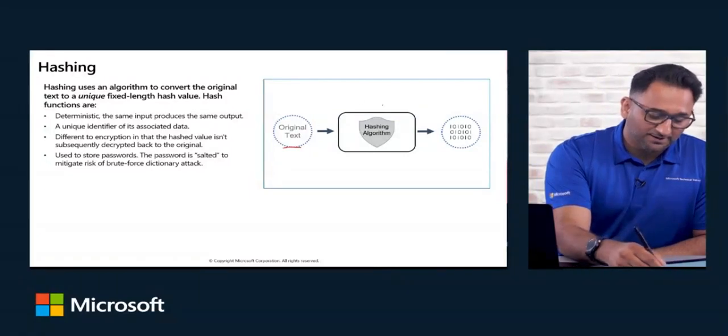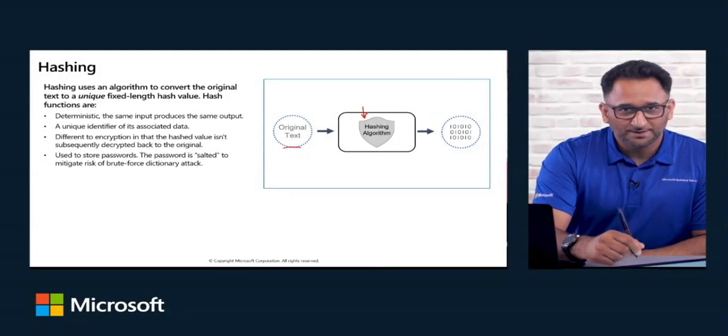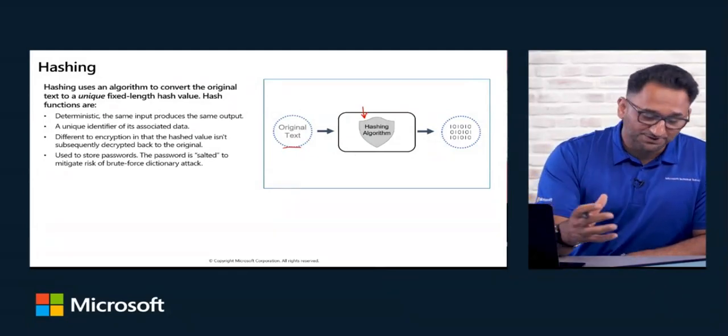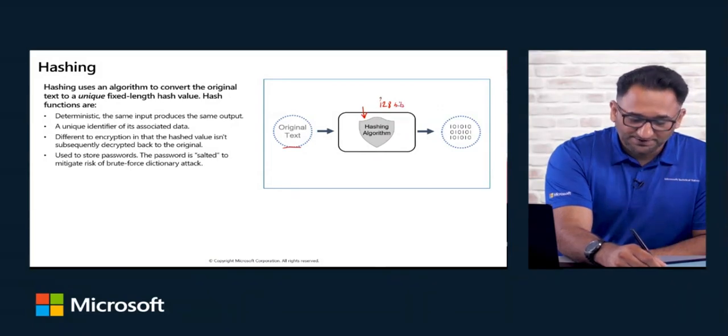With hashing, we'll use an algorithm, in this case known as the hashing algorithm, which typically produces a fixed size output. Typically, these can be anywhere between 128 bits or 256 bits, and they keep on getting stronger.